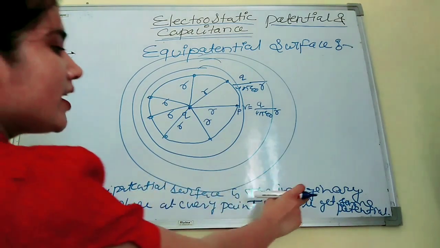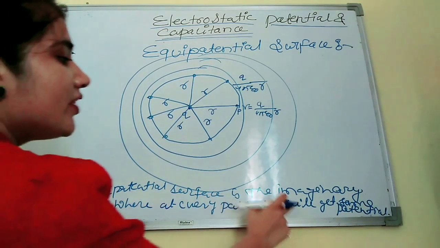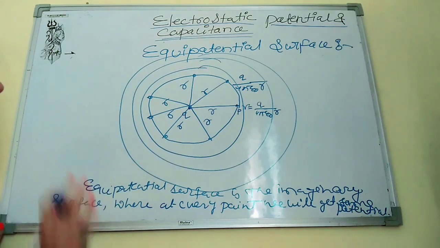Equipotential surface is the imaginary surface where at every point we will get the same potential. Get it? Just take a screenshot.